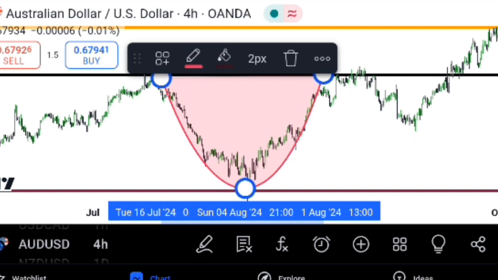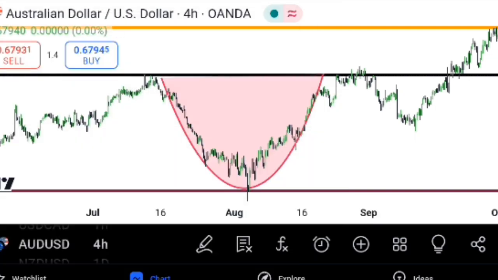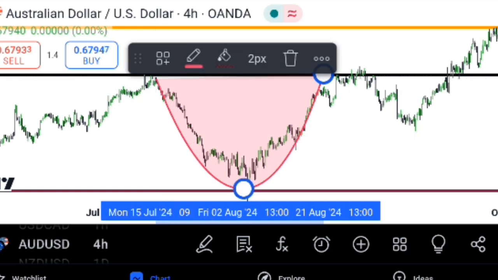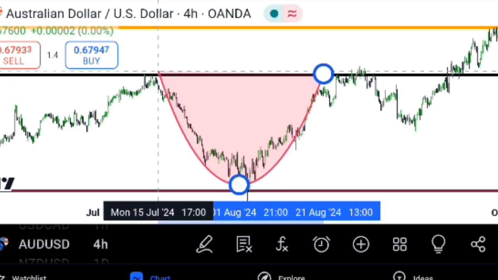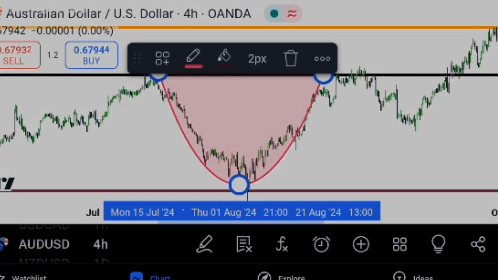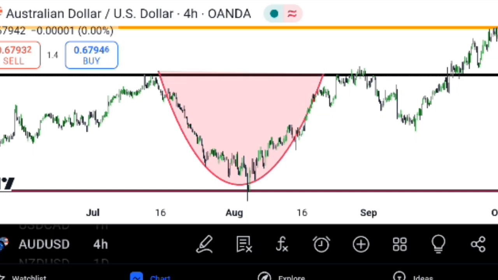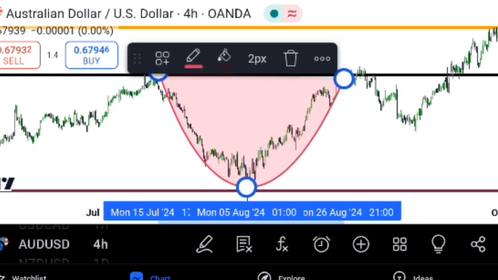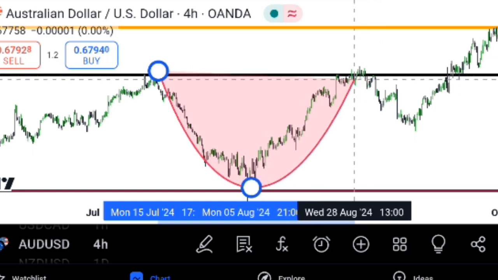That is where the name of this pattern was derived from. So you can see this is the big cup, and then the handle is right here. Let me just finish up this. It's up to around here.